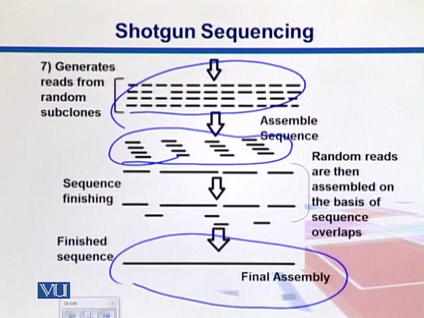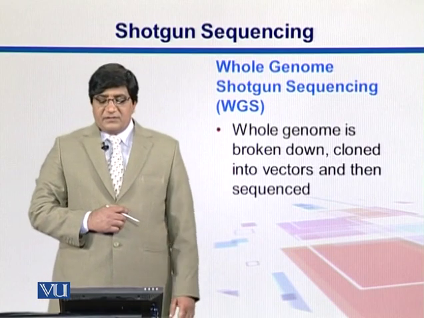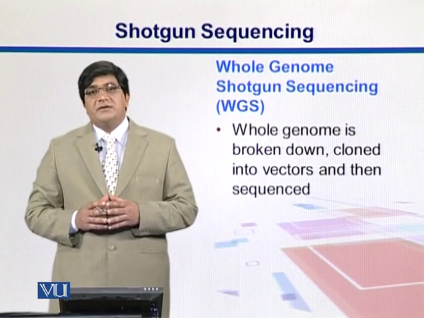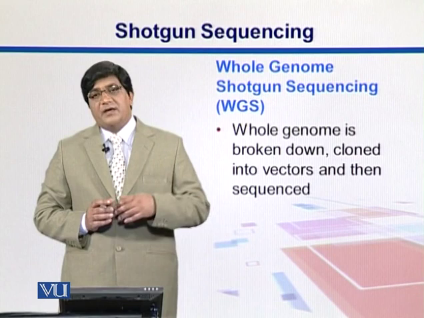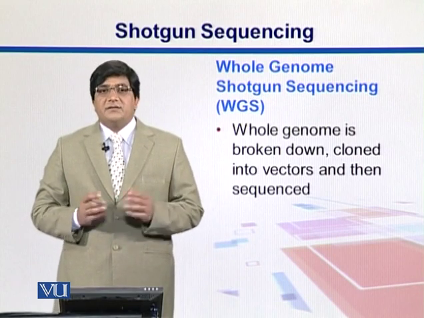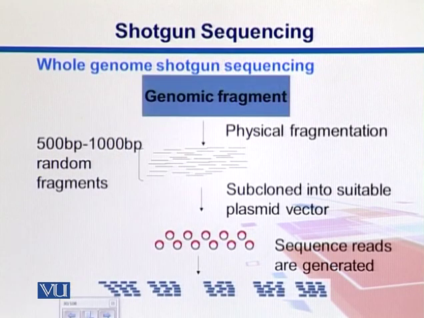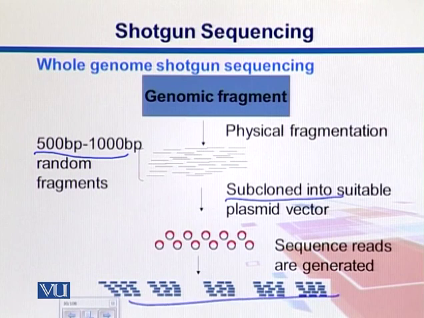In whole genome shotgun sequencing, we take DNA fragments and clone them into vectors and then sequence them. Here we take the genomic DNA, break it into fragments of 500 to say 1000 base pairs, and simply subclone them. We take those subclones and get sequencing reads just like we did earlier.